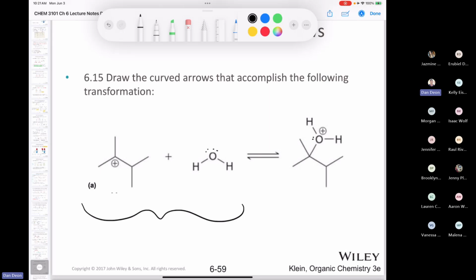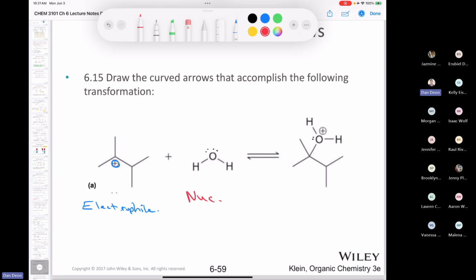Which one is the nucleophile? Yeah, the water is going to be the nucleophile. So this will be my nucleophile. That means that this is going to be my electrophile. This carbon is positively charged, no doubt about that.